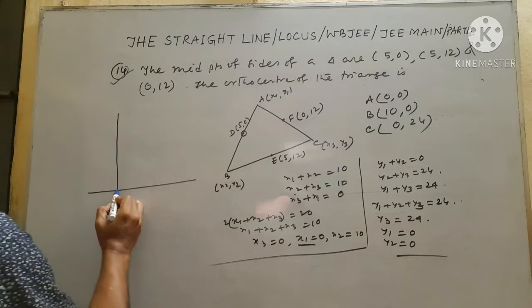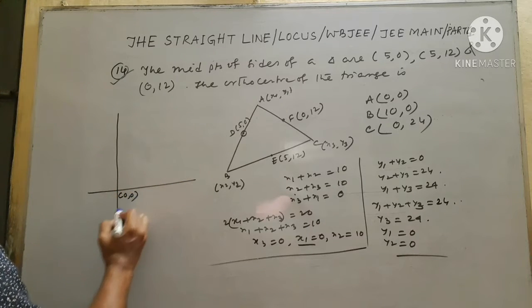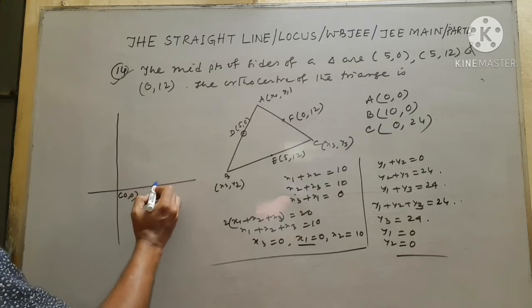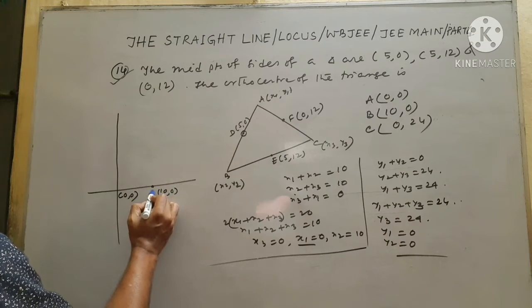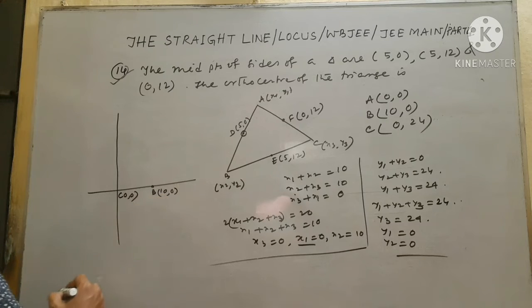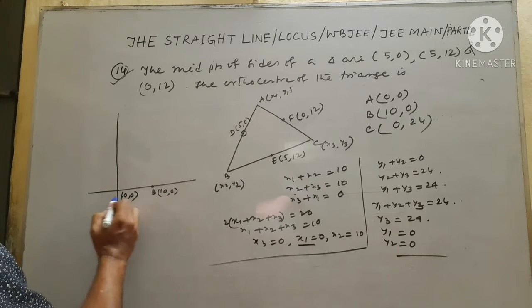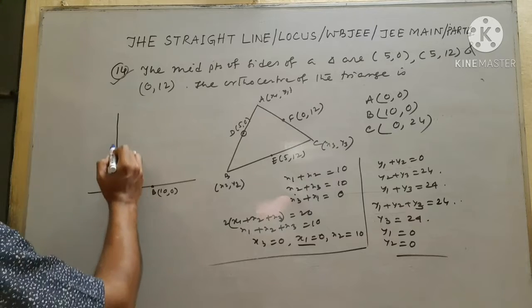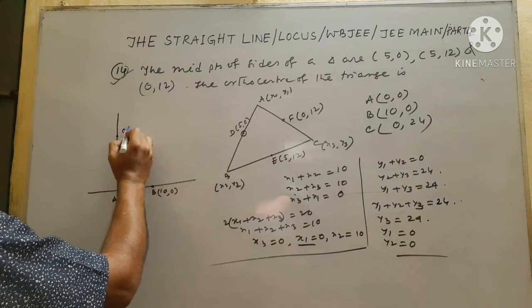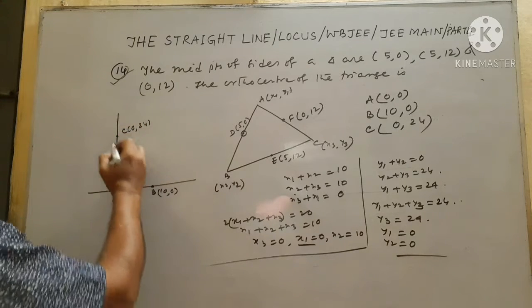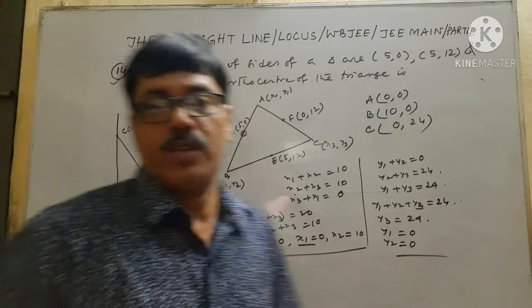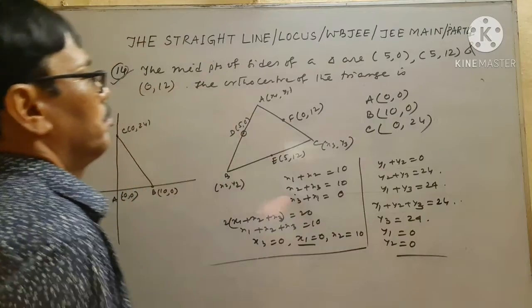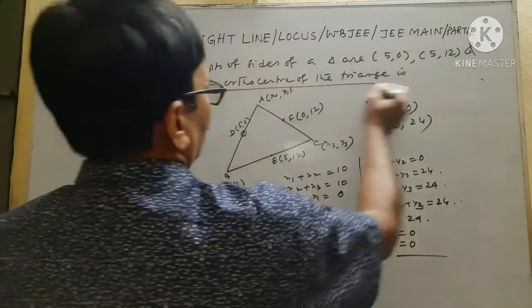Look at the points: A is (0, 0), B is (10, 0), and C is (0, 24). So we are getting a right angle triangle, so there is no need of finding the orthocenter by calculation.